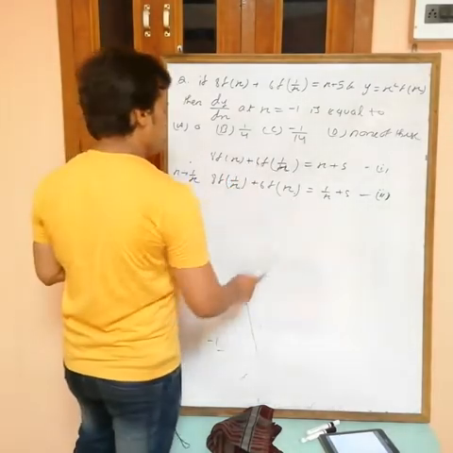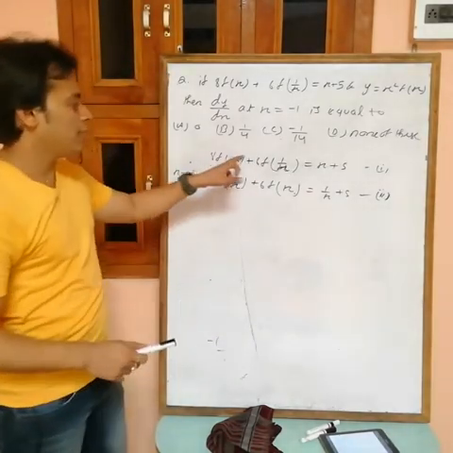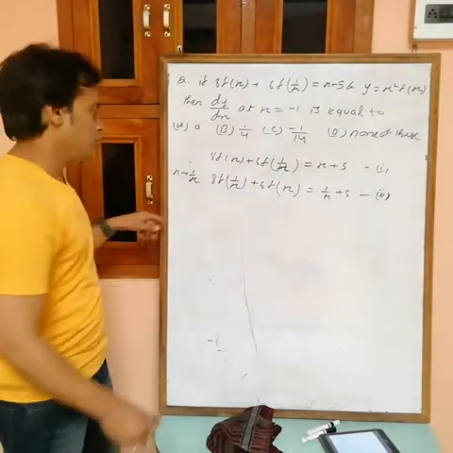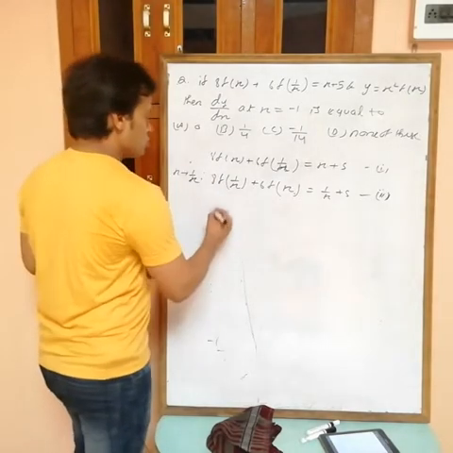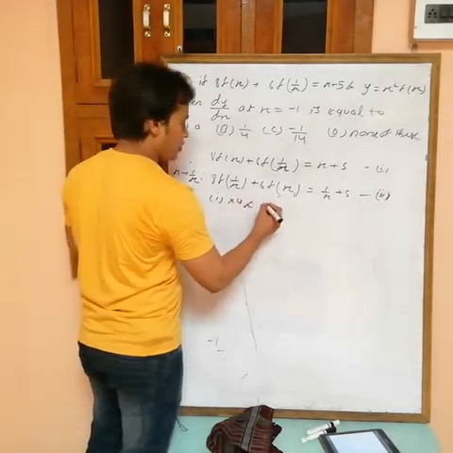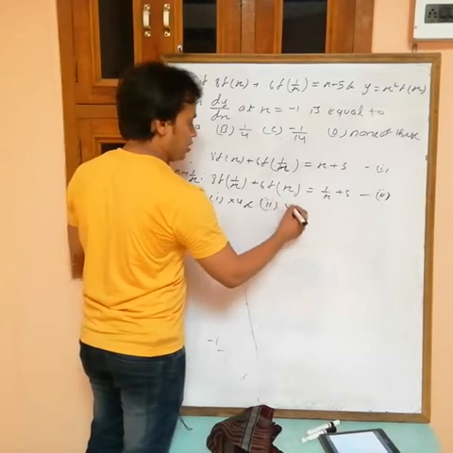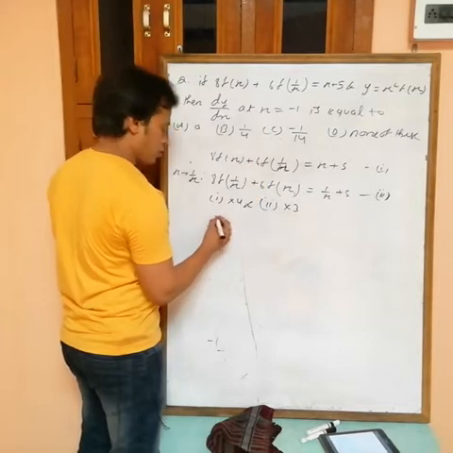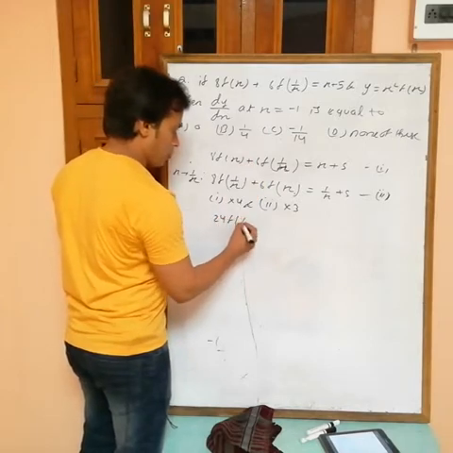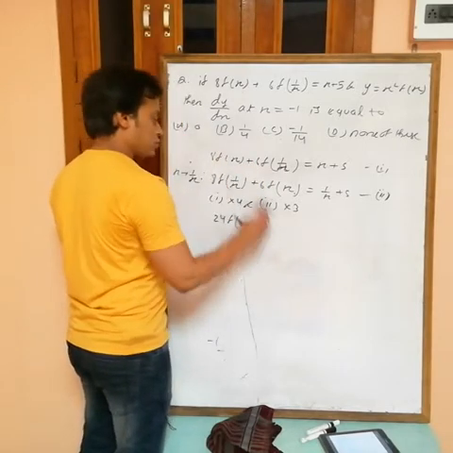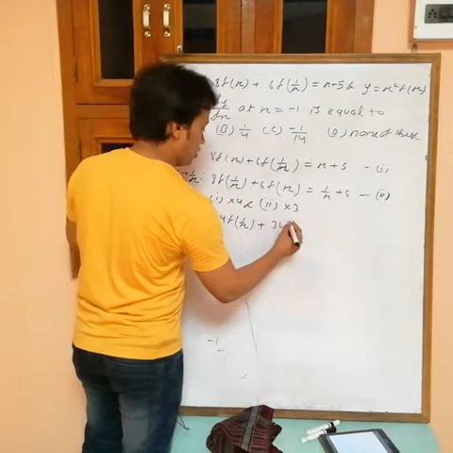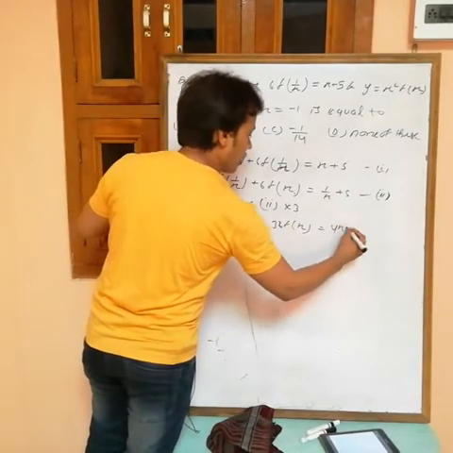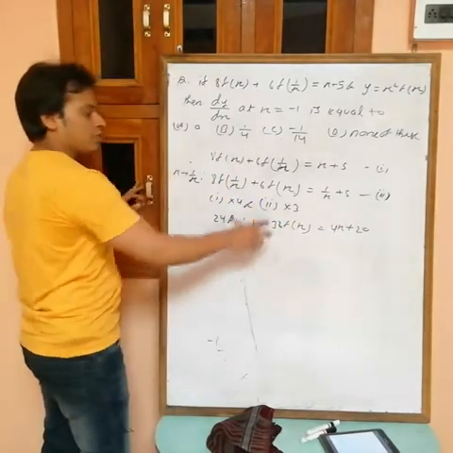Their coefficients are 6 and 8. Multiply the first with 4 and the second with 3.